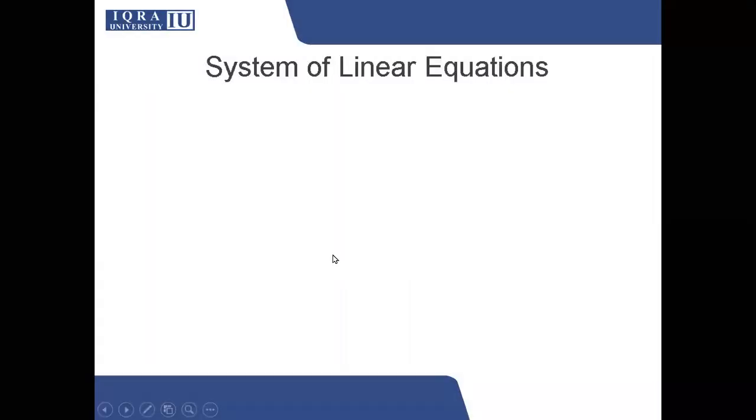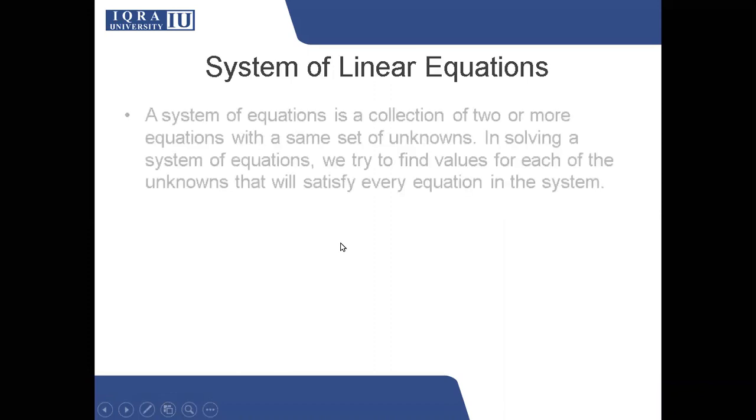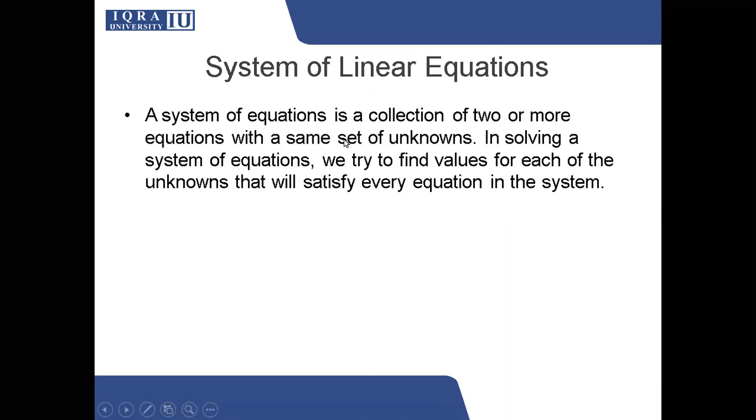But now we're talking about the system of linear equations. What is a system? A system of equations is a collection of two or more equations with the same set of unknowns, or by unknowns, I mean variables. In solving a system of equations, we try to find the values for each of the variables that will satisfy every equation in the system.